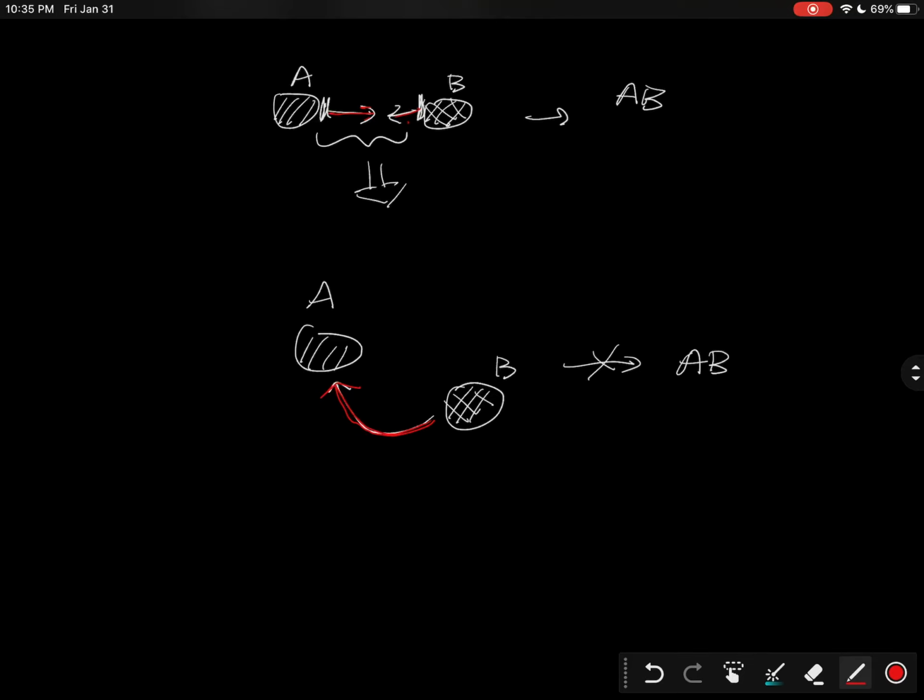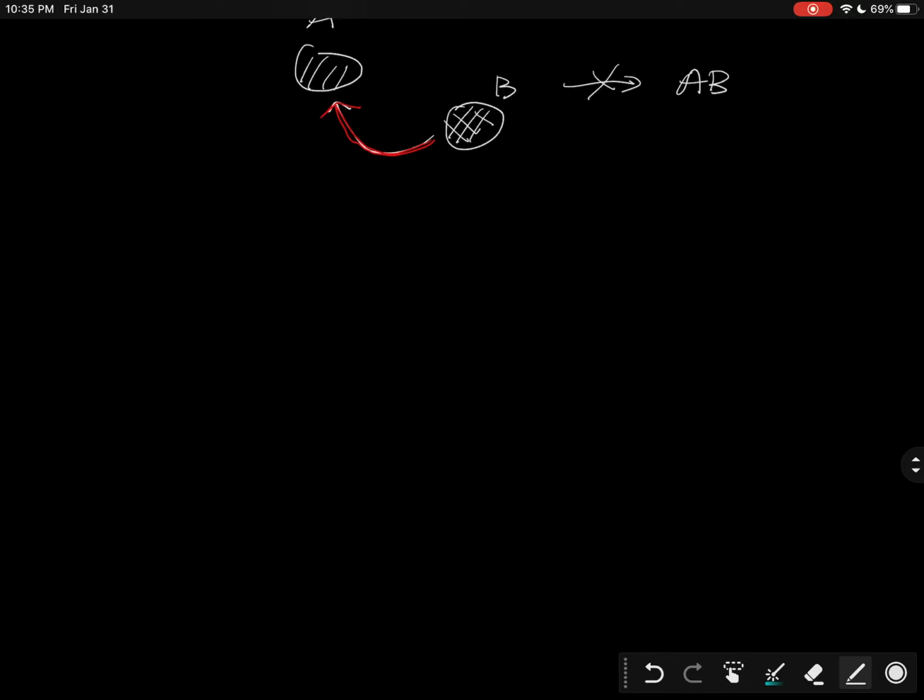Okay, and then the third part of collision theory is that atoms must possess a minimum energy for the reaction to occur.